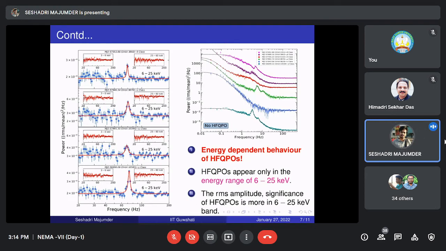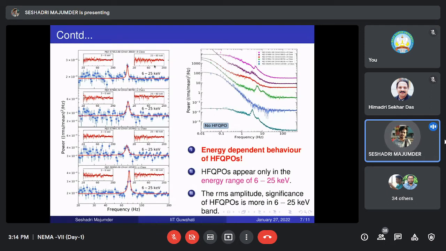Now, since we have the advantage of broadband energy coverage of 3 to 60 keV in the LAXPC instrument, we intend to study the energy dependent behavior of these high frequency QPOs. We have divided the whole energy band into three basic energy bands: 3 to 6 keV, 6 to 25 keV, and 25 to 60 keV.